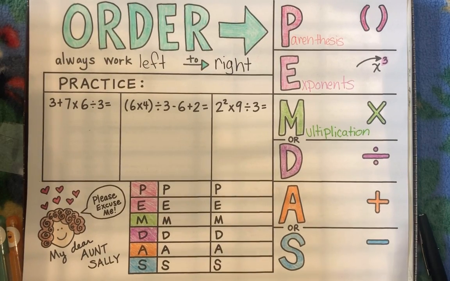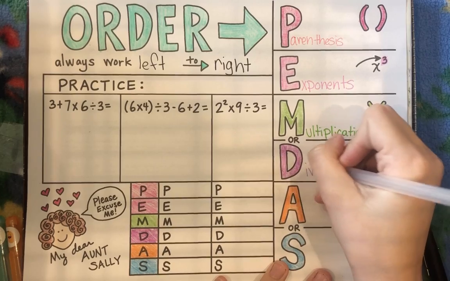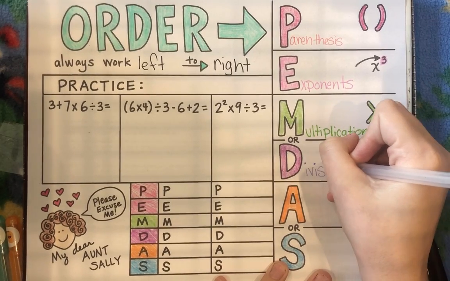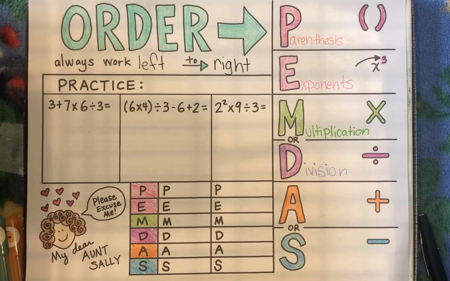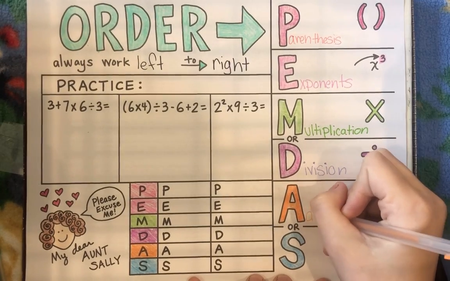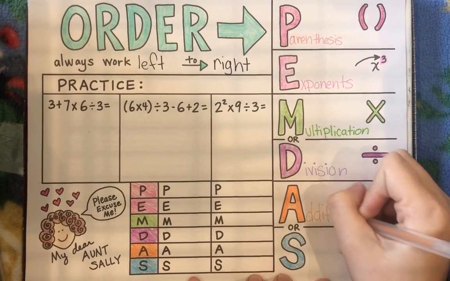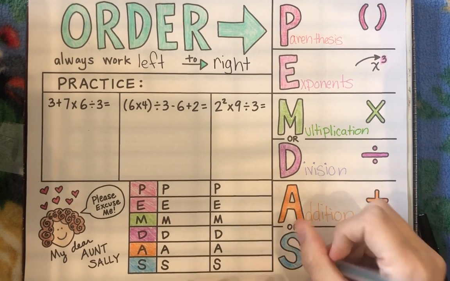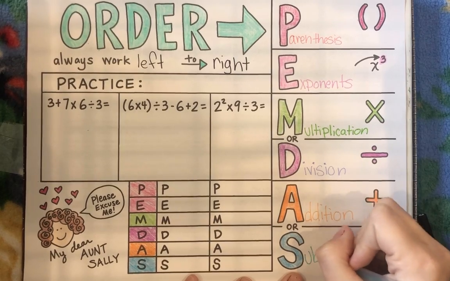And we also look for any division. After we look for multiplication and division, we look for any addition. And finally, we look for any subtraction.